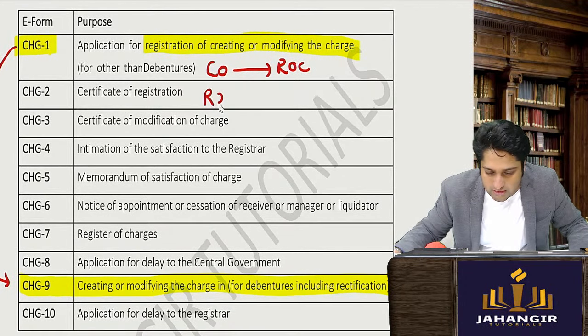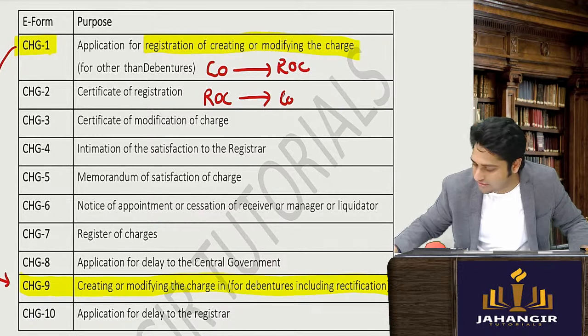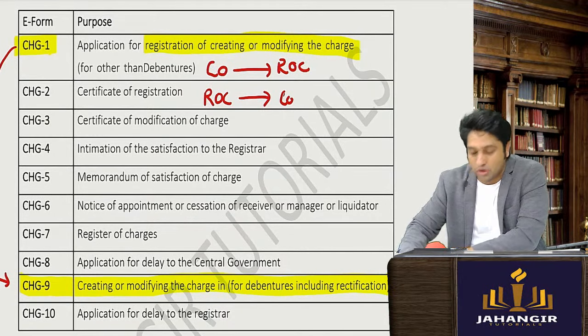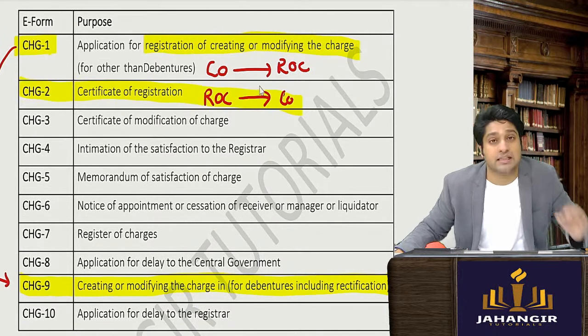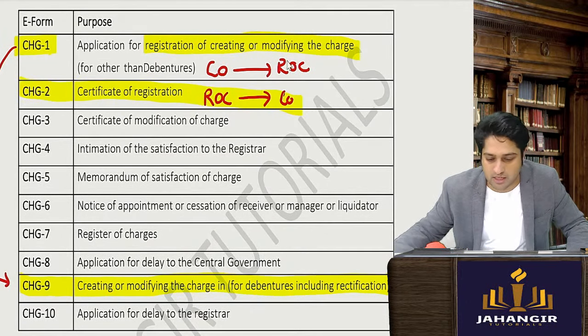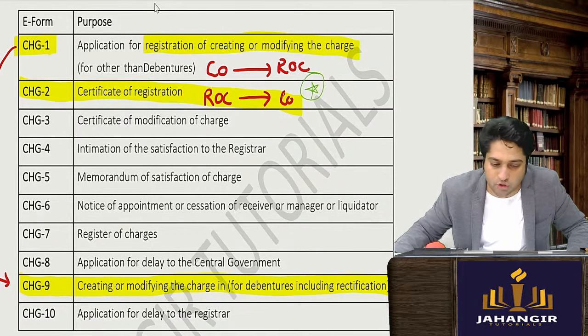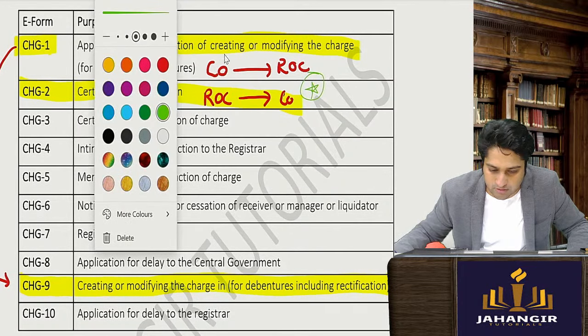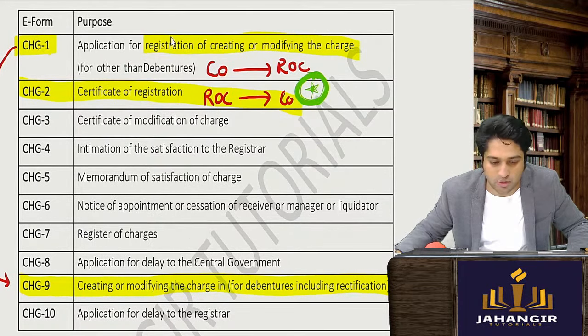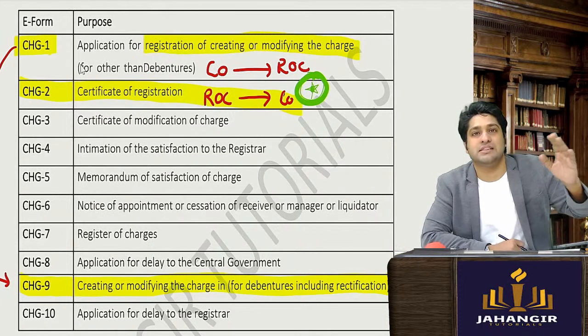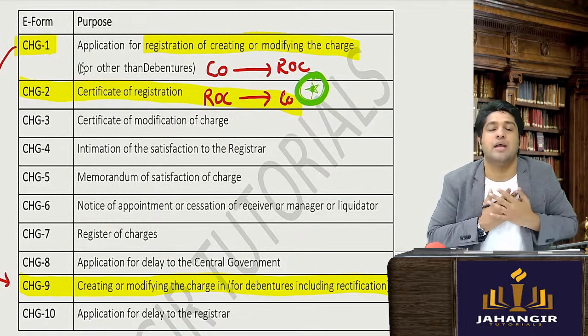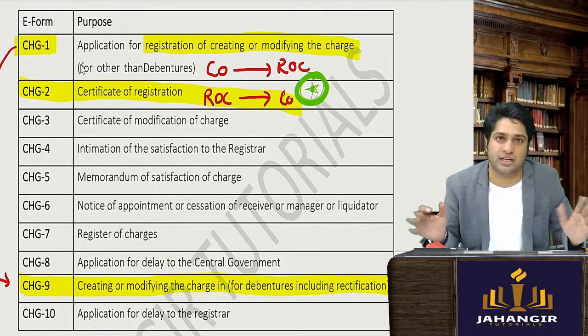So ROC gives a certificate to the company in CHG 2. This is the most important document that is covered, okay? Most important document. Why? Because the moment CHG 2 is given, I know that my charge has been successfully registered.